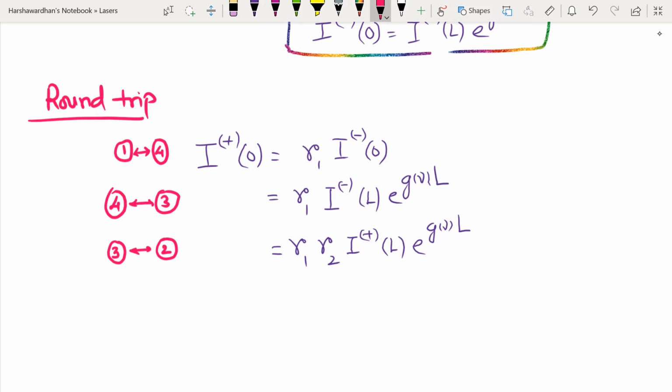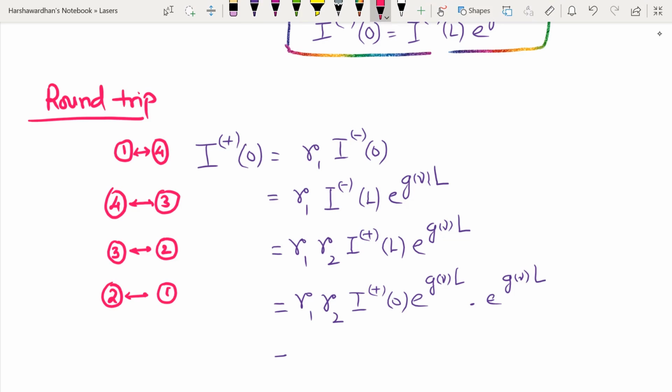And now I am back to my last step, wherein I relate my I plus at L to I plus at 0, which I can write down as I plus at 0 times exponential g times L, and there is already exponential g of nu times L. So this is going essentially from 2 back to 1.